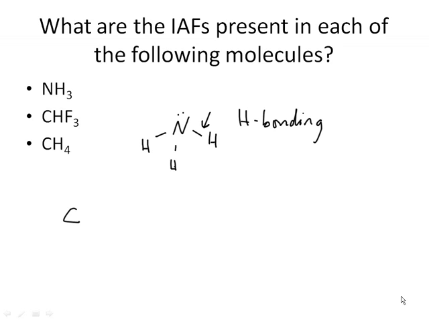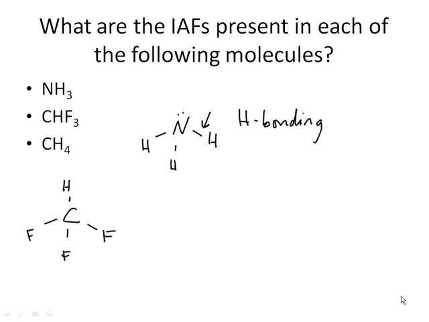CHF3, when we draw the Lewis dot structure, it looks like this. It was important to draw the Lewis dot structure, particularly on this one, because if you didn't, you might have thought that the H and the F's were bonded together, but they're not. They're all bonded to the central atom, which is carbon. Since that's the case, there is no HF, OH, or NH bonds within this molecule, which means that hydrogen bonding is not an option.